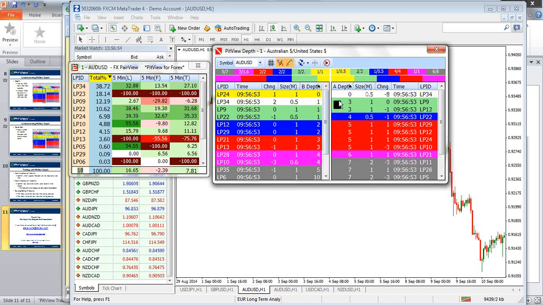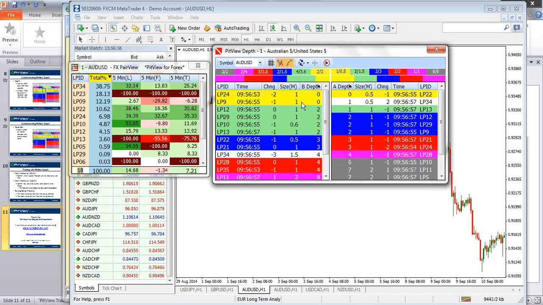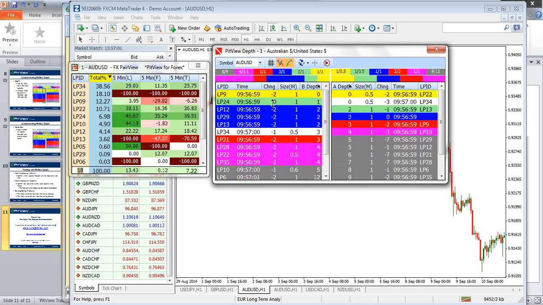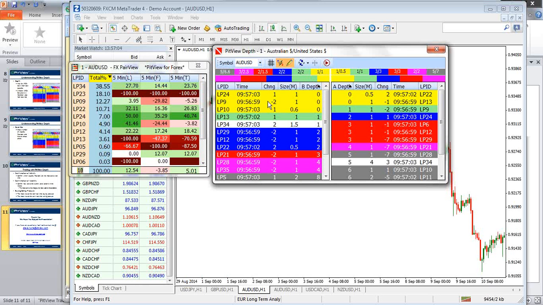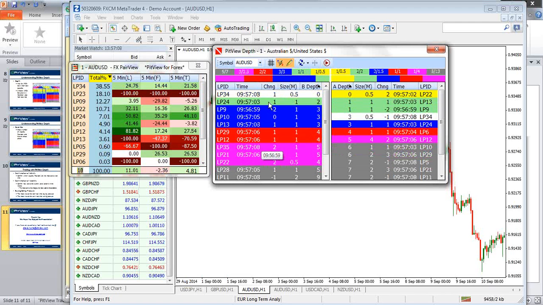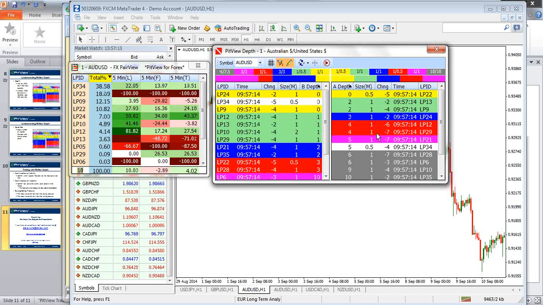One of the bad parts about doing this live is, when you see the yellow and the green and the blue get thicker, when the colors are showing more on this end, as far as the yellows, greens, and blues, it means more buying pressure. When it shows more yellow, greens, and blues over in here, it means more selling pressure.